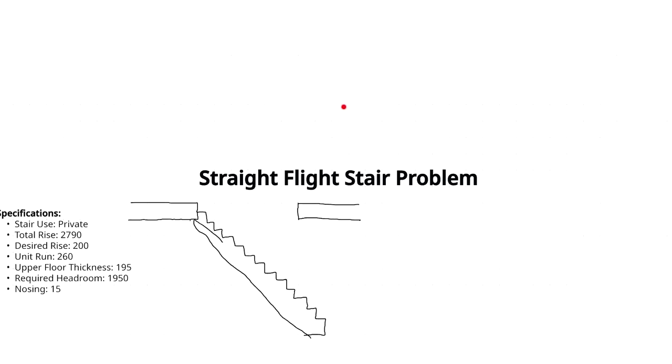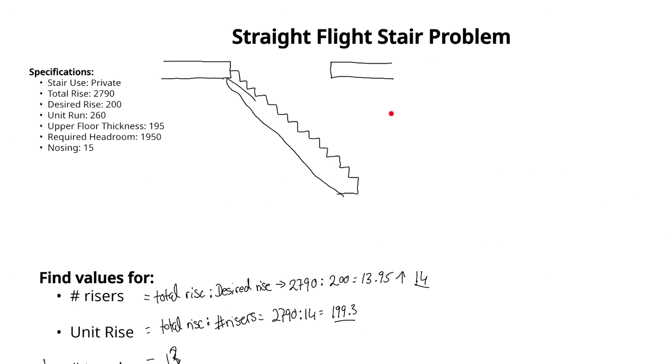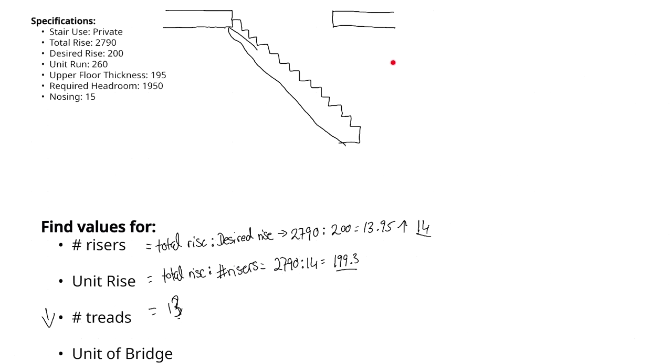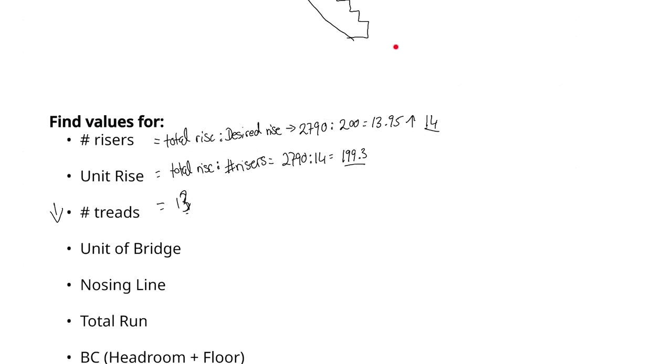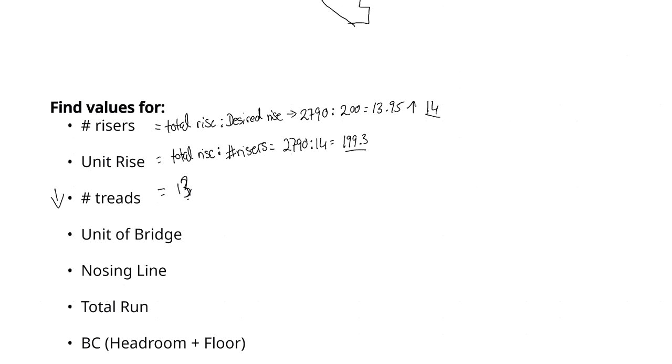Let's go back to our problem and the super nice drawing of the stairs. So unit of bridge, we take our unit run and our unit rise to calculate. Using Pythagorean, it's unit rise squared plus unit run squared.